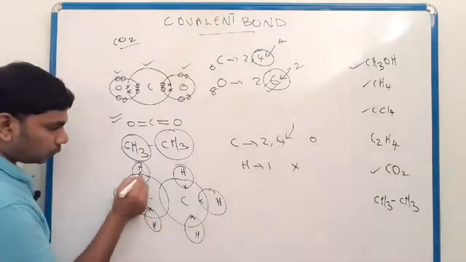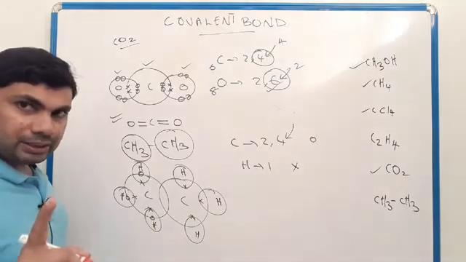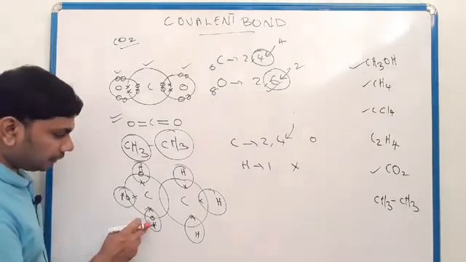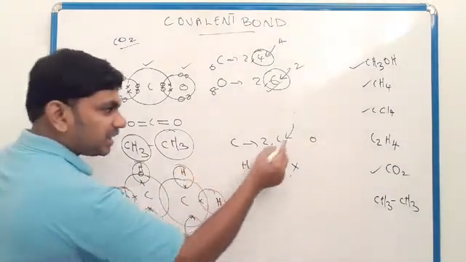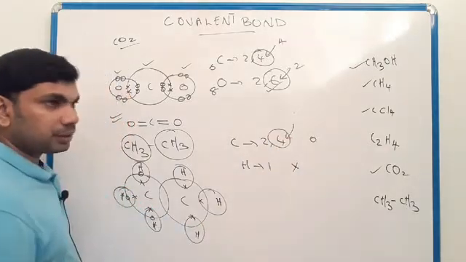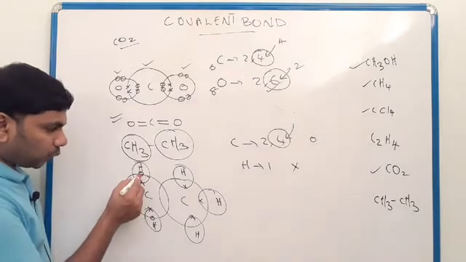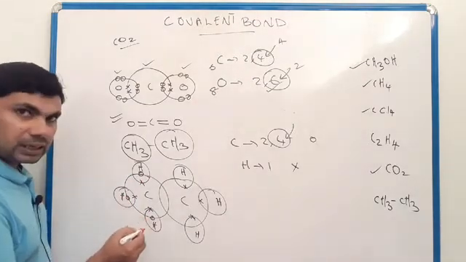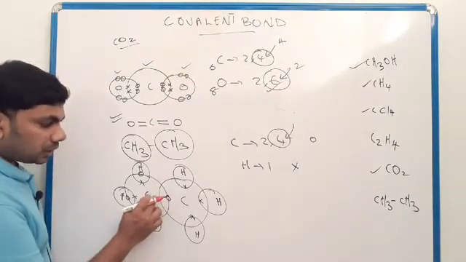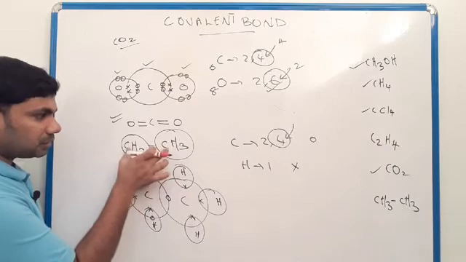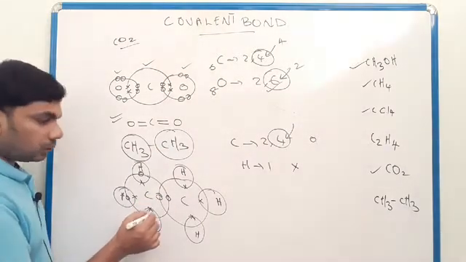Carbon O. Here hydrogen needs 1 more electron. That's why we did 1 pair of electrons. Look here, carbon valence electrons 4. How many electrons did we do? 1, 2, 3. How many left? 1 more left, 4. Because here carbon single bond. These 2 carbons share 1 pair of electrons. Okay.